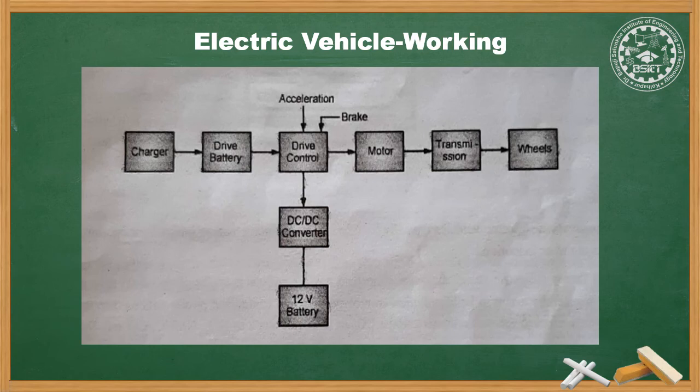The drive controller is fed with the input of acceleration and braking, and it is provided with a DC-AC converter and a 12 volt battery for auxiliary storage, whenever needed, in case the drive controller has less electricity from the drive battery.